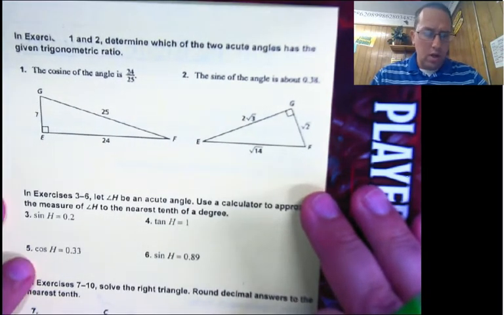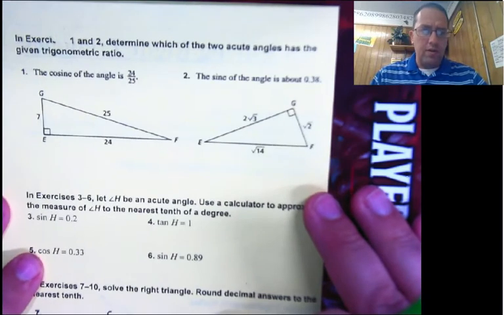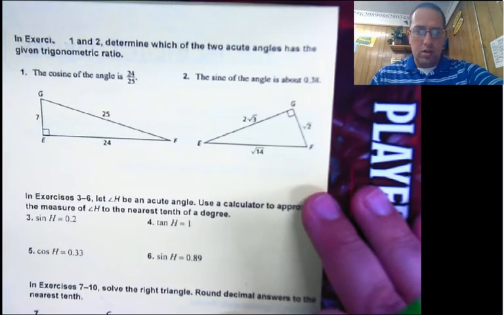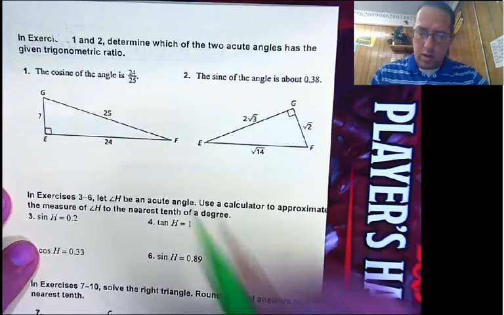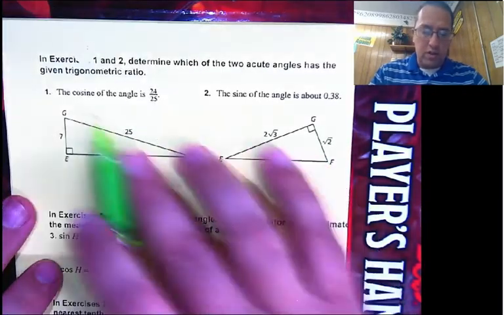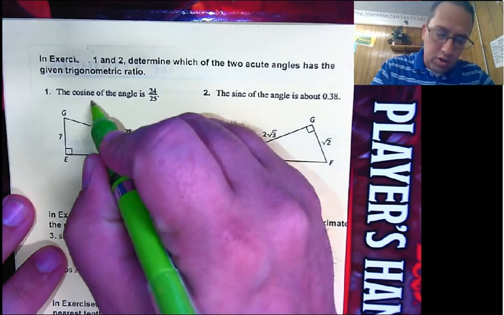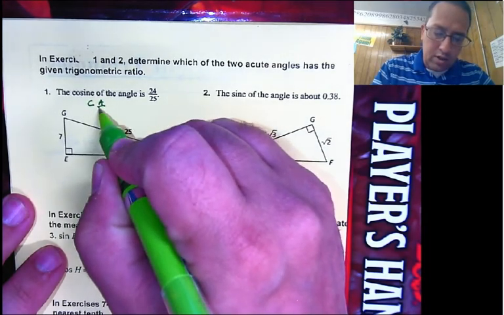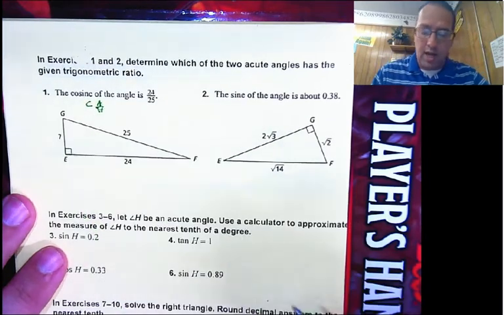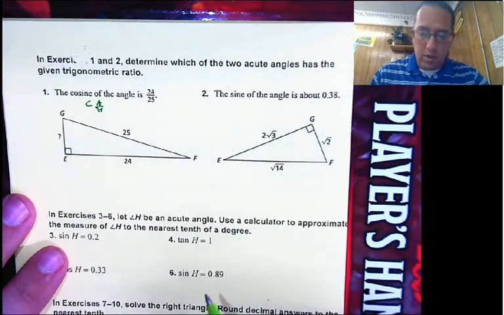First, determine which of the two acute angles has the given trigonometric ratio. On number one, we have the cosine of some angle is 24/25. Now, if you remember, cosine is adjacent over hypotenuse. It's the CAH from the SOHCAHTOA.